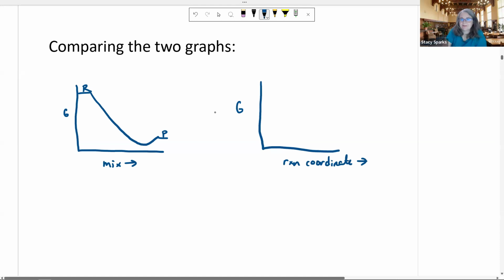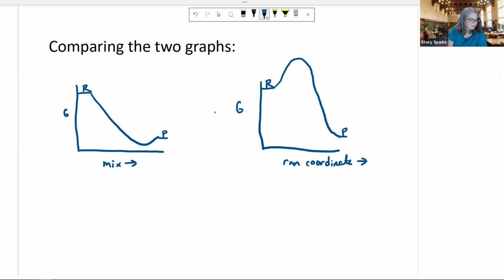Okay. And if I have those same reactants and those same products, they'll be at the same level. But now we see this graph. And so I want to talk about why they're different.